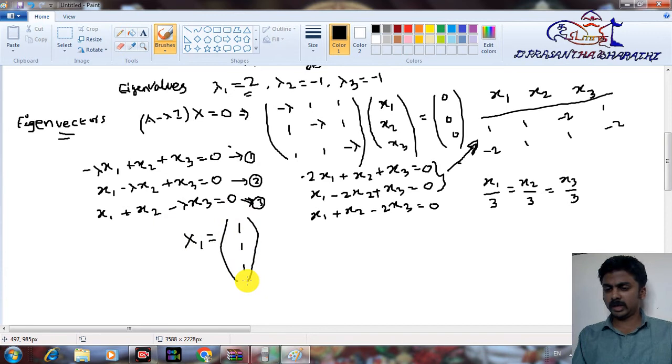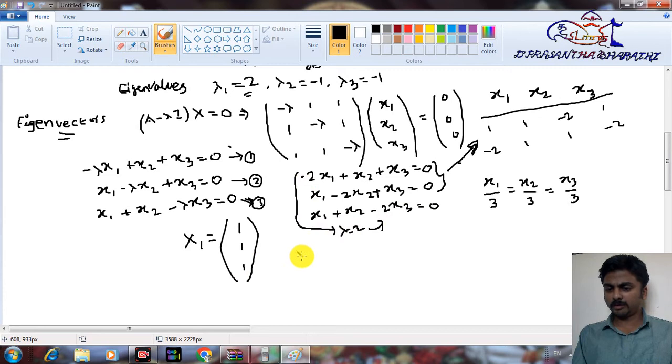So in eigenvectors we can avoid such common factors, so we can simply write x1 equal to 1, 1, 1. Now for lambda equal to minus 1, this equation is for lambda equal to 2.